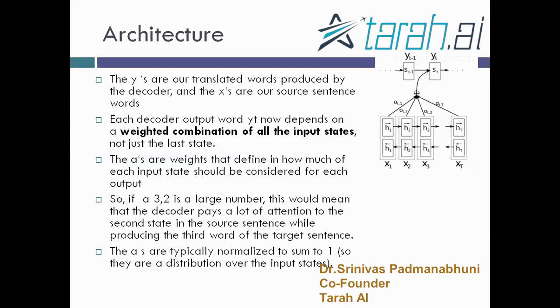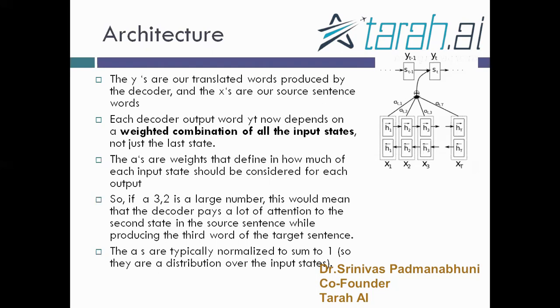So we have alpha t1 till alpha t capital T, which altogether should sum to 1, as you can imagine. But suppose I give more attention to, say, the first word and second word, then it may be that alpha t1 is 0.5, alpha t2 is 0.4, and the remaining all together add up to 0.1.